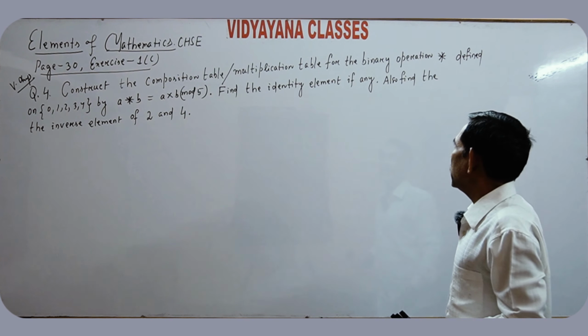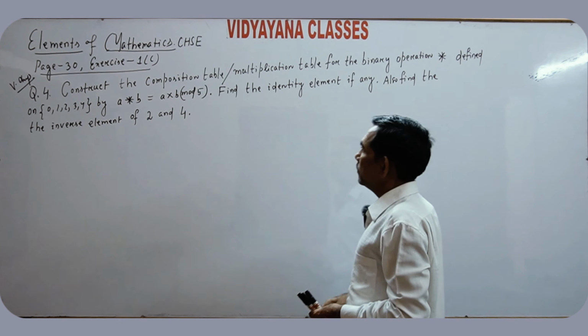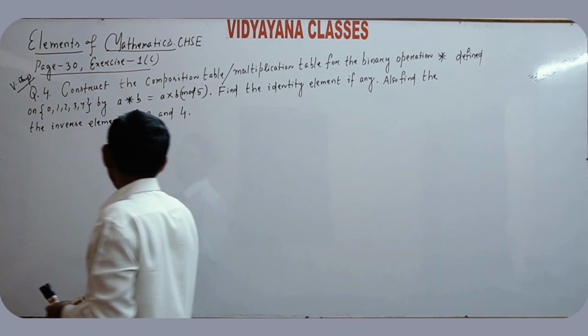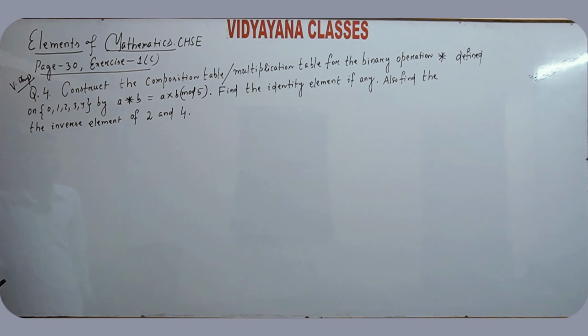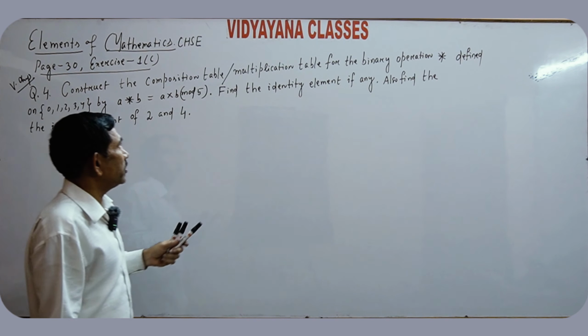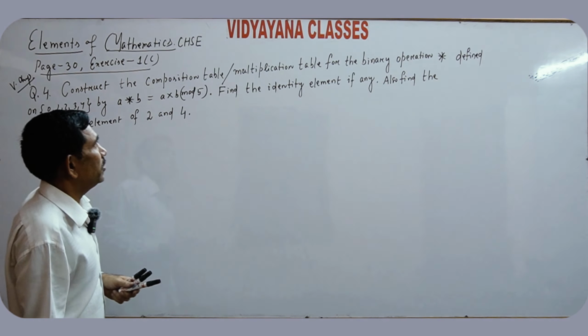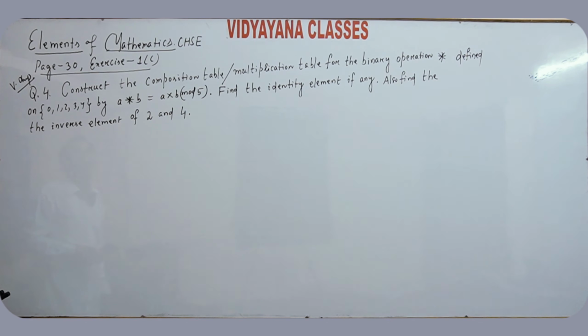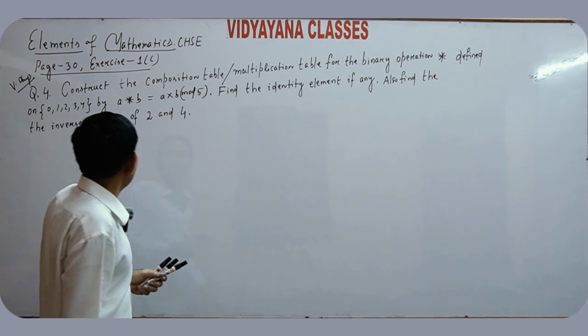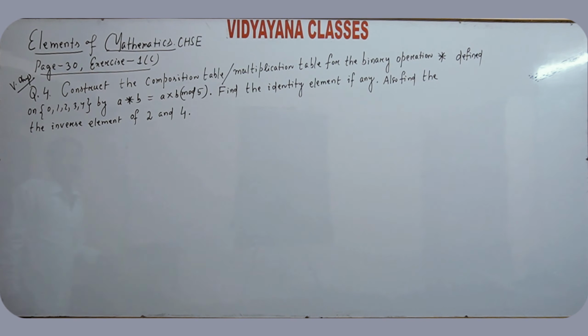Find the identity element if any. Also find the inverse element of 2 and 4. Most important problem for CHSE. Solution.